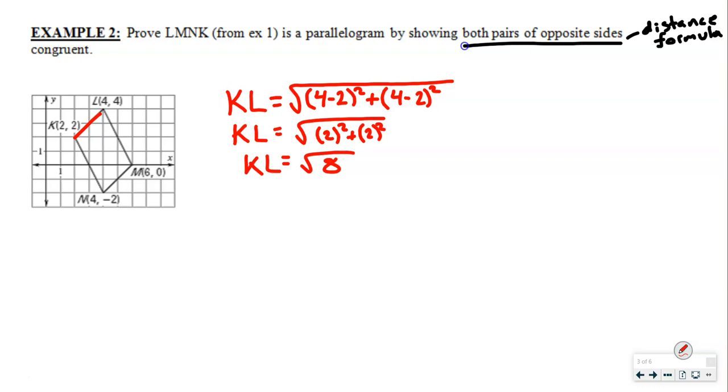Then we want to see that NM, we need to show that those are congruent, the two red lines. So NM, plug into the distance formula. Our x's would be 6 minus 4 squared plus 0 minus negative 2 squared.